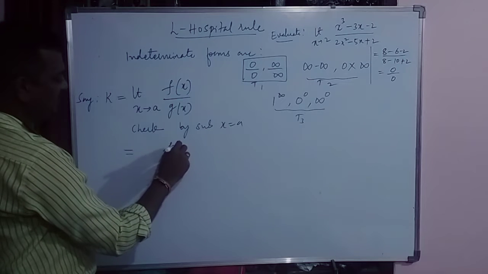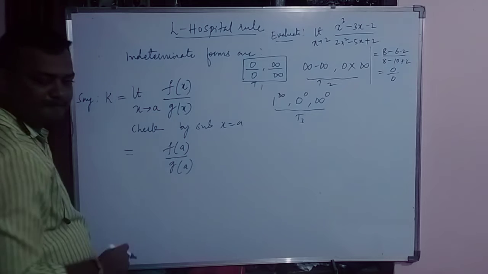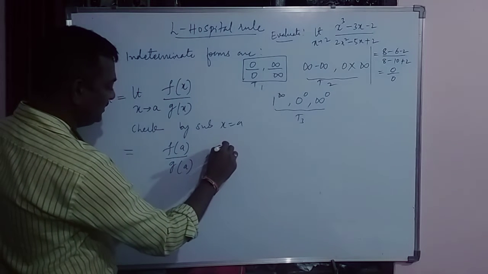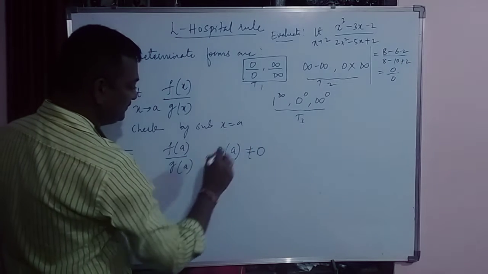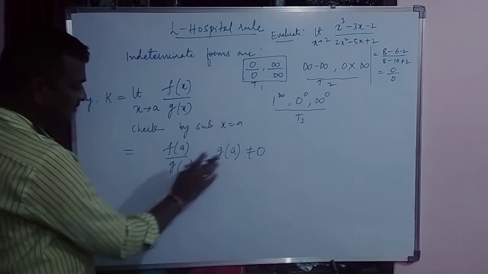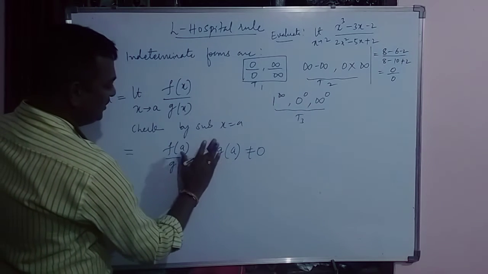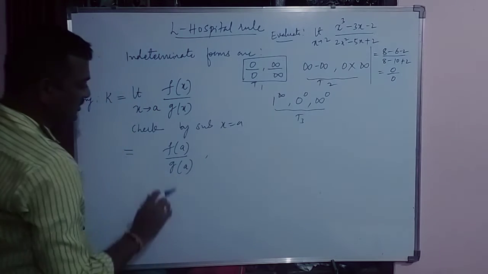This is f of a divided by g of a. And remember, if g of a is not equal to 0, we are not going to discuss about this case.